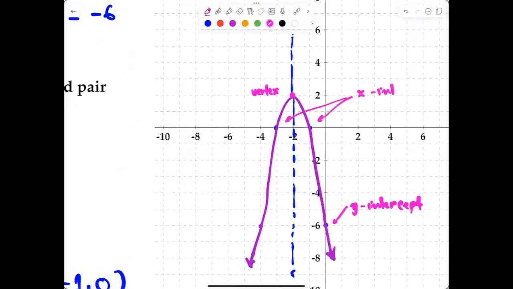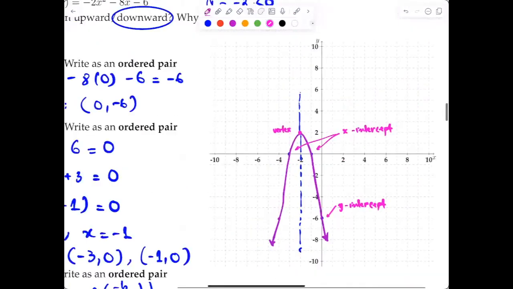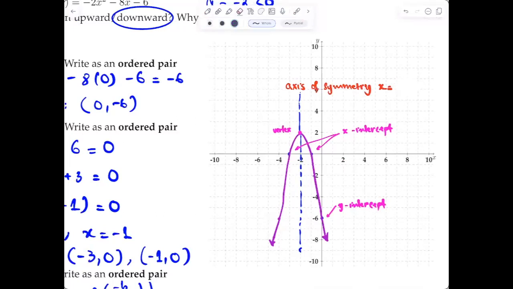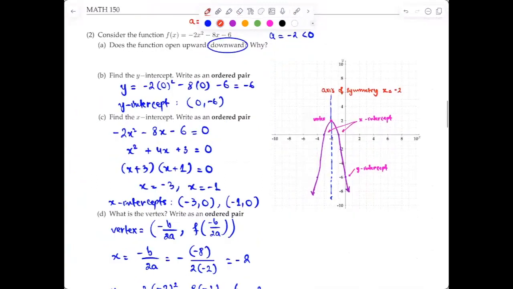It's the x-intercept. Then you have the axis of symmetry, x equal to 3. Sorry, x equal to -2. Any questions?